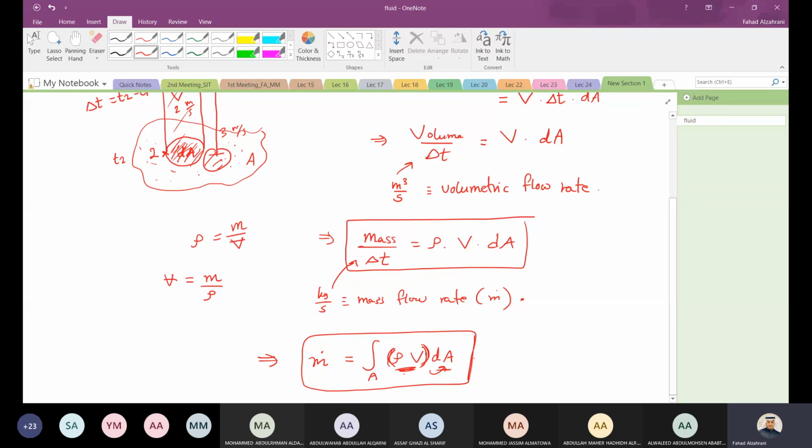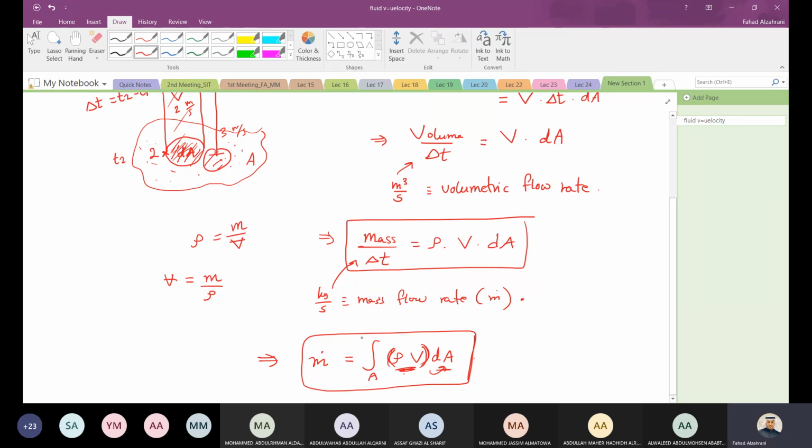So you have different variation of velocity with area. Okay, that's why you integrate with respect to area here. So you need to go back to calculus to see how to integrate over a planar area, for example.